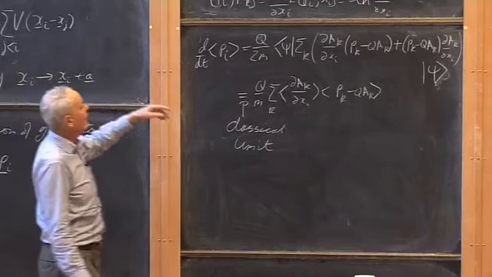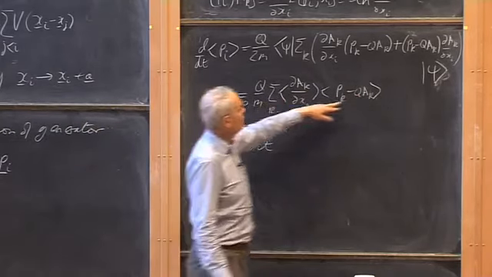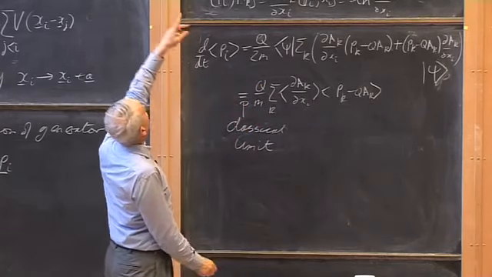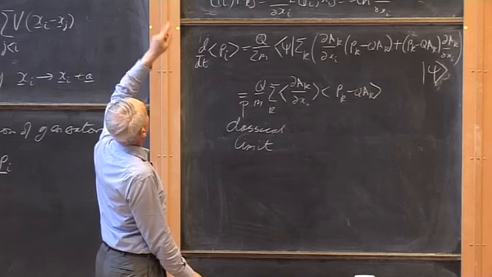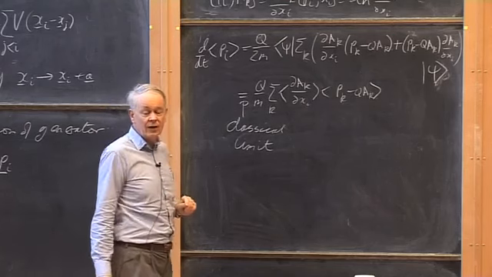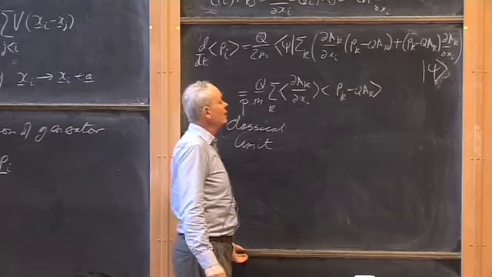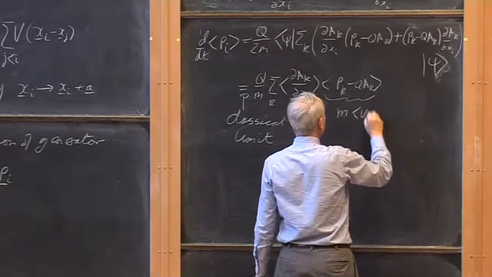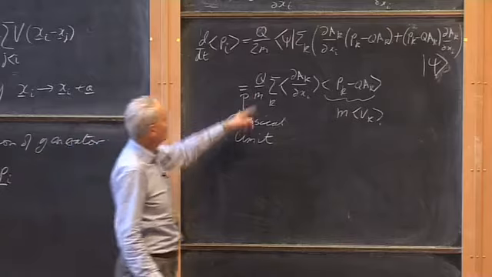Now we can simplify again, because this expectation value of (pk minus q Ak), remember we honestly showed above without any fudging, was equal to the mass times the expectation value of the velocity. So this thing here can be replaced by m vk. And the m's cancel.